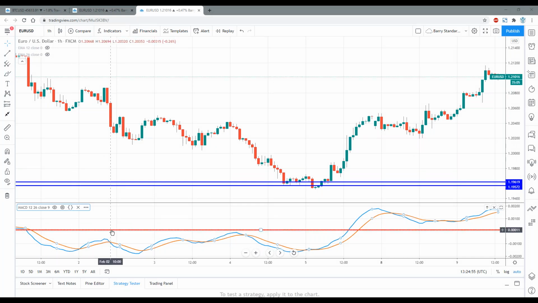Now, a lot of people use these crossovers as buy and sell alerts, transaction signals, and they work extremely well as transaction signals. The problem though with MACD is that MACD does not at any time take into consideration how long that move would be.